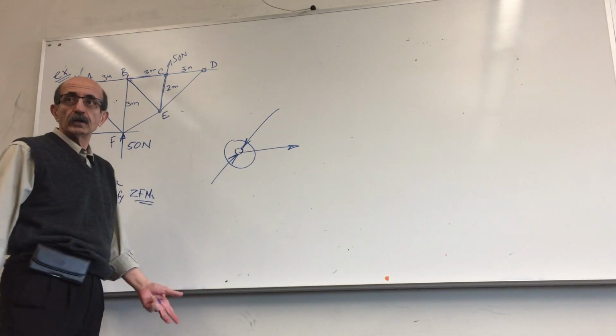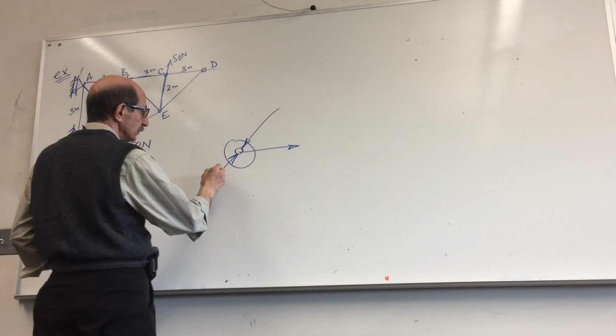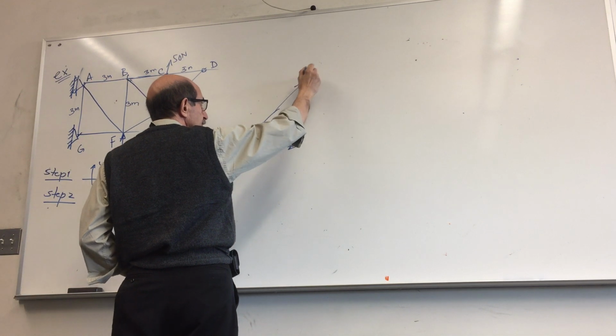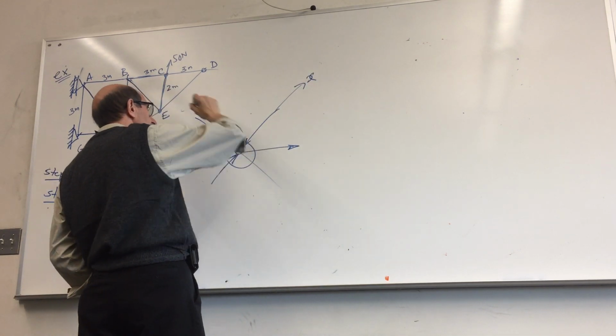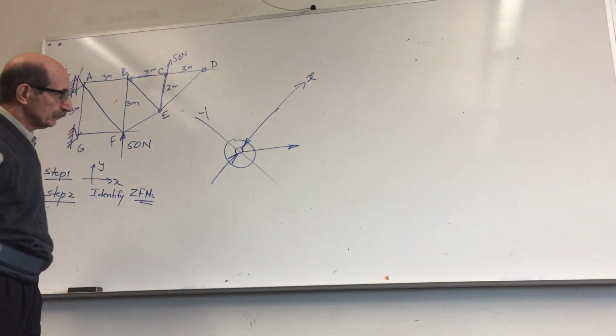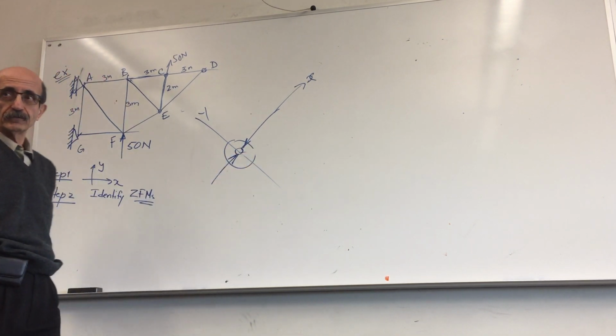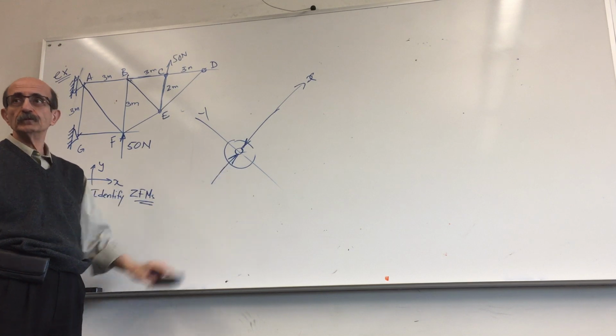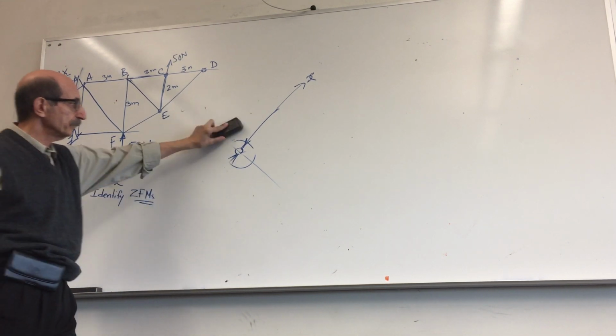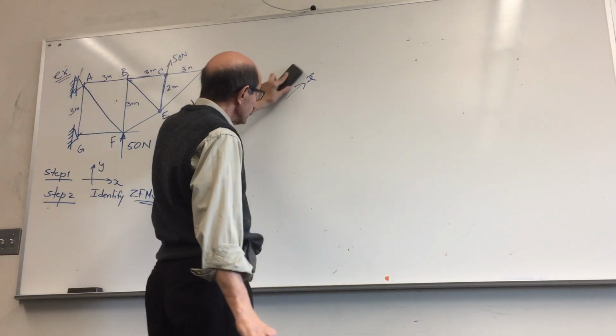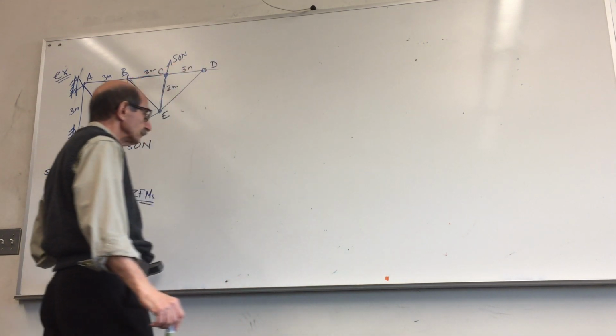Why? Because if you consider, for instance, this is x, this is y, and you write the summation of forces about the y-axis, this would have to be zero, and you only have these two that will be equal, right? That's the concept behind zero force members.